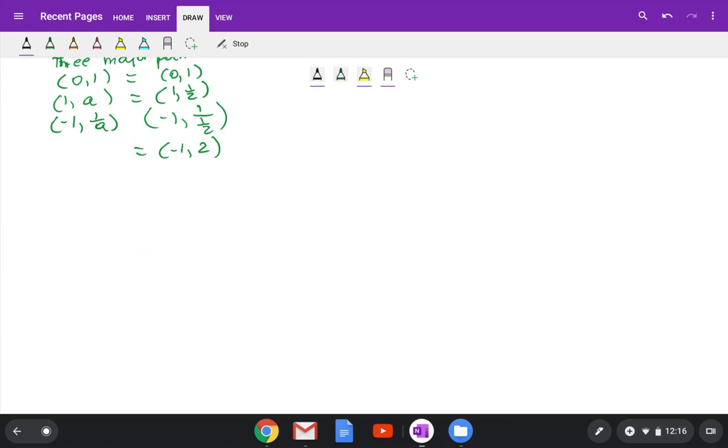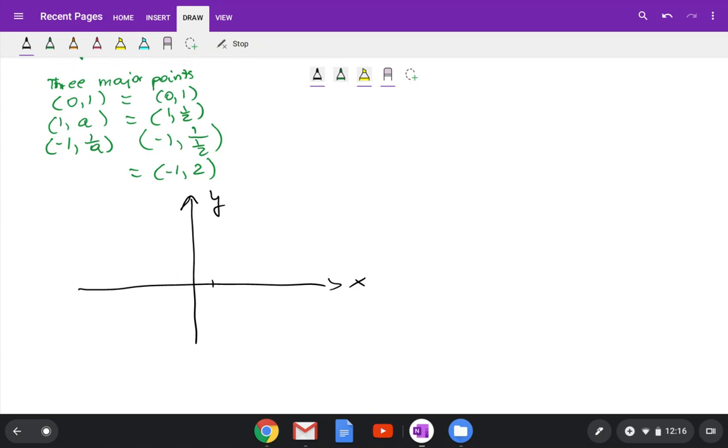So to graph the exponential function which is decreasing, let me plug in those 3 points. We have 0, 1, the y-intercept, 1 and 1/2 right here, and negative 1 and 2.